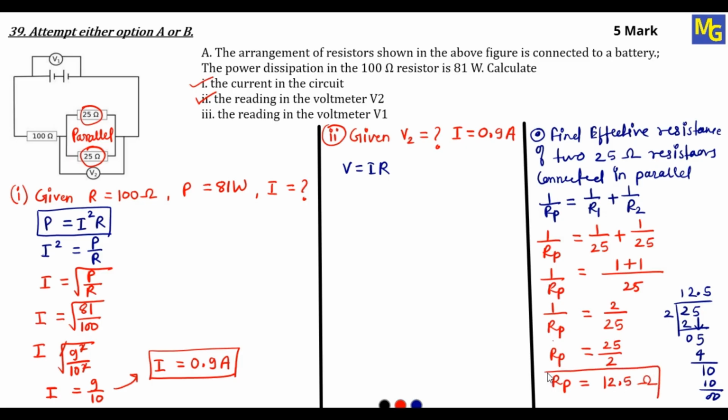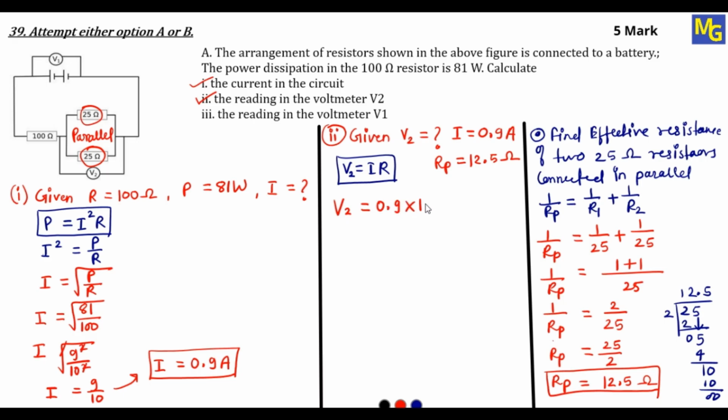And the same thing we have to take here. So I'll write it here: Rp, or you can just write R, is equal to 12.5 ohm. So we got the value. Now substitute the values in this formula to find out V2. So V2 is equal to the current 0.9 into the resistance we have got, 12.5.